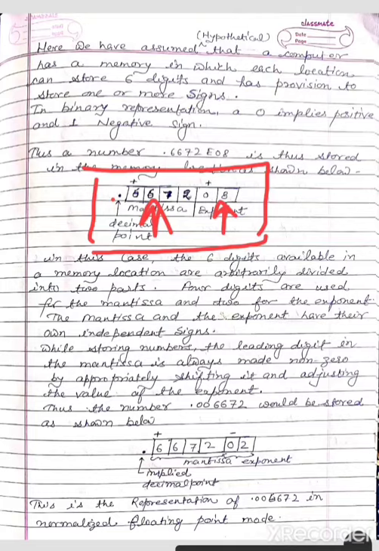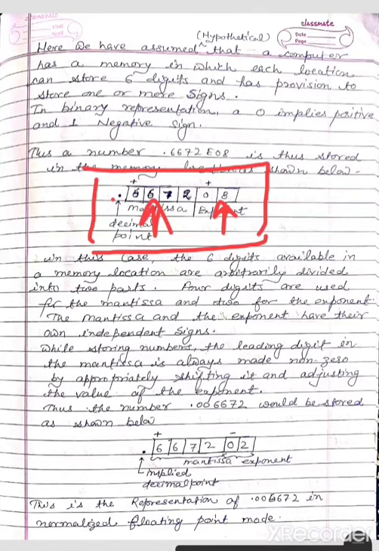As we have assumed hypothetically that a computer's memory can store 6 digits, in this case the 6 digits available in a memory location are arbitrarily divided into 2 parts. 4 digits are used for the mantissa and the 2 for the exponent part.